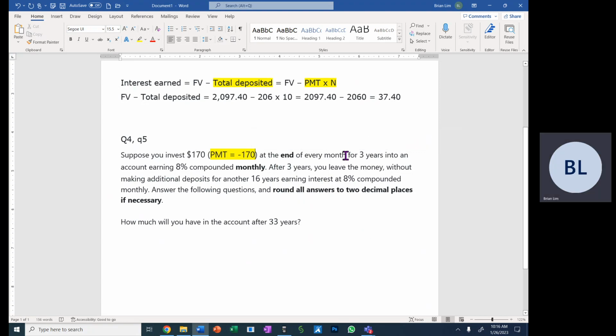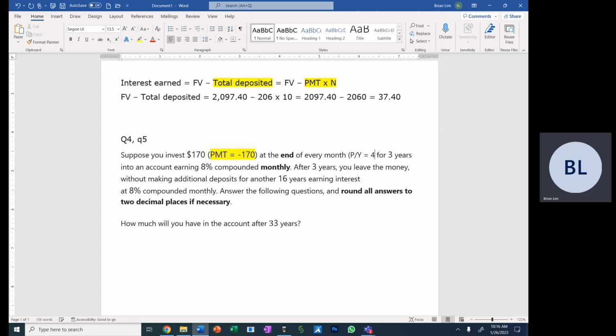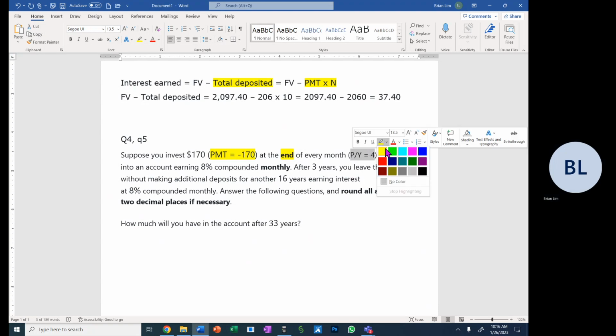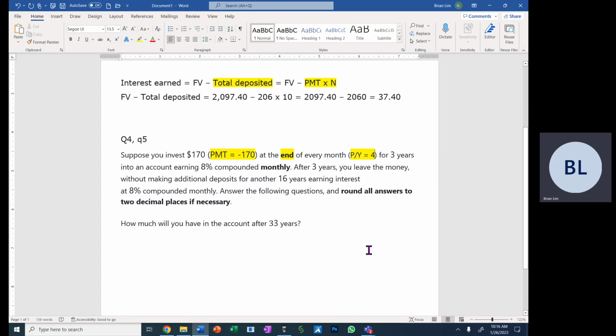And then at the end of every month, that gives us the information for PY. Of course, end also plays an important role, which is why it's in bold. Payments are 4 times per year, or every month, so it's 12. Sorry about that, every month, for 3 years.